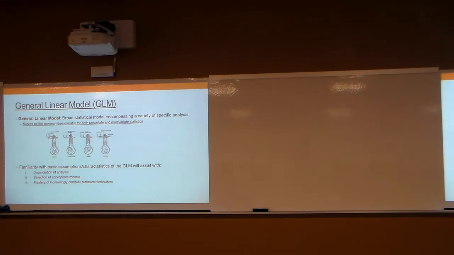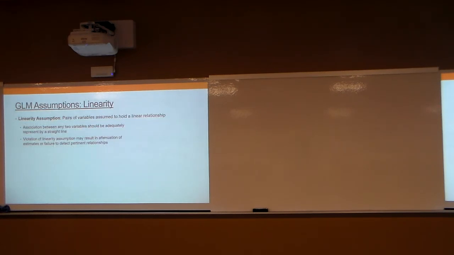Okay, so general assumptions of your general linear model. First thing we need to think about, and this is starting to become important, is in terms of thinking about linearity. Okay, linearity assumptions. We're assuming that within our GLM, pairs of different variables are going to hold a linear relationship.